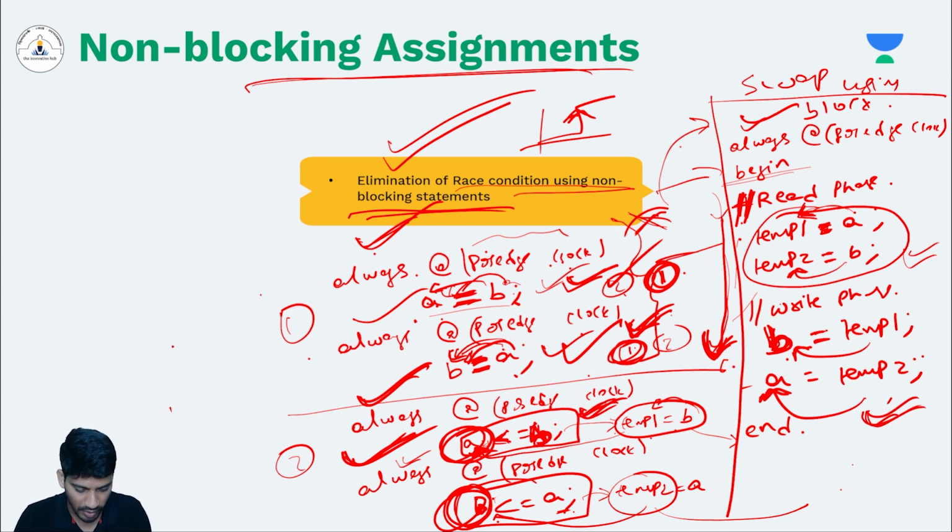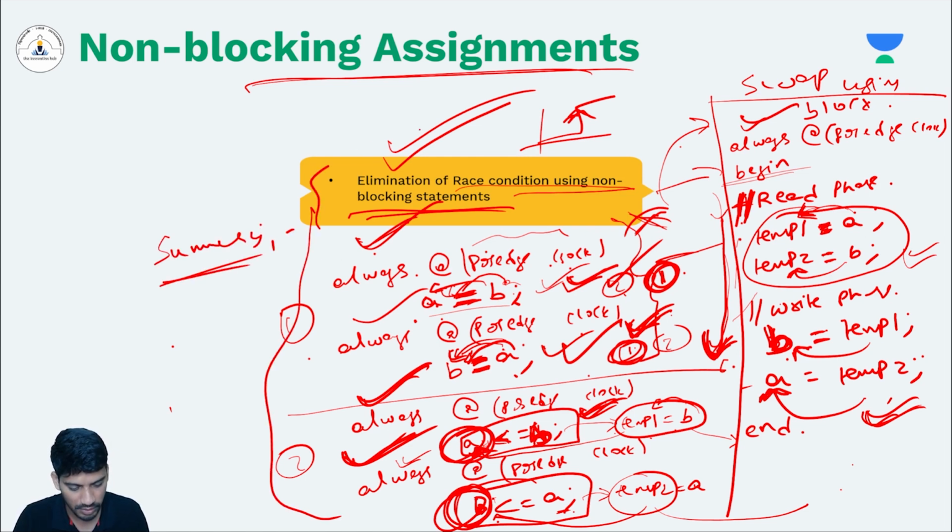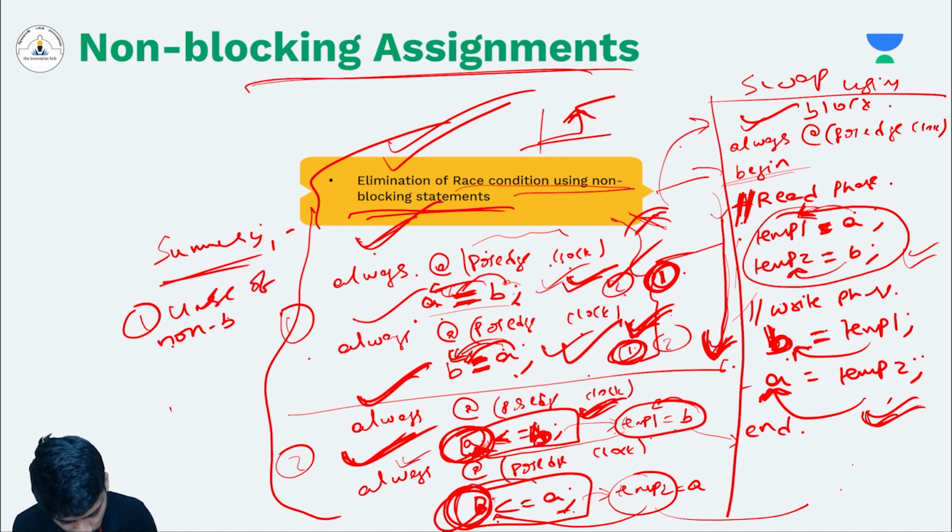So if I summarize this, what is the summary I got from this blocking and non-blocking statements? First one is, use of non-blocking statements is highly recommended, right? Because we have seen the blocking statements will cause race condition. We thought that A is equals to B and B is equals to A will swap, but it is not swapping, right?